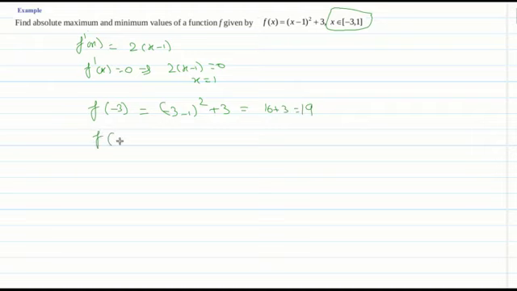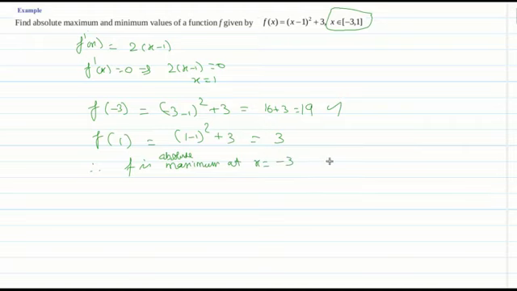Then f of 1 we have to substitute. Here it is 1 minus 1 whole square plus 3. It is just 3 itself. Among these, which is greater? 19 is greater. So therefore we can say that f is absolute maximum at x is equal to minus 3.